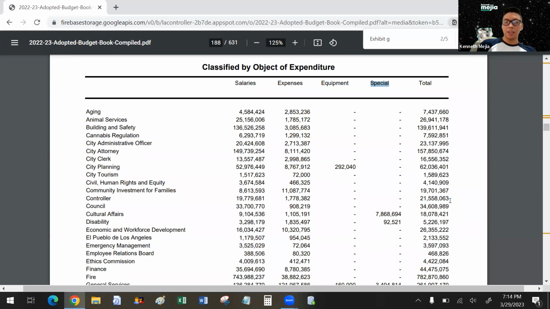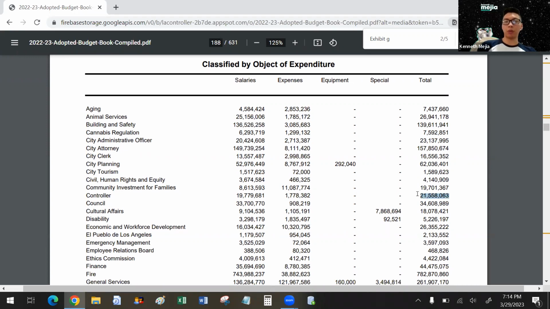If you look at the controller, you can see that we are budgeting to spend this fiscal year $19,779,681 on salaries. And then other expenses, whether they're to vendors or contractors or outside agencies, we're budgeted to spend 1.7 or $1.8 million. And so that's what the operational budget is.